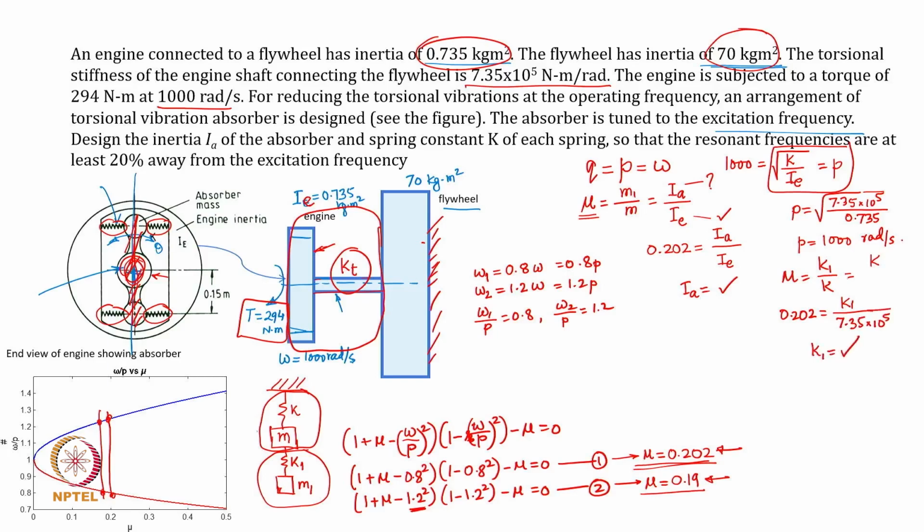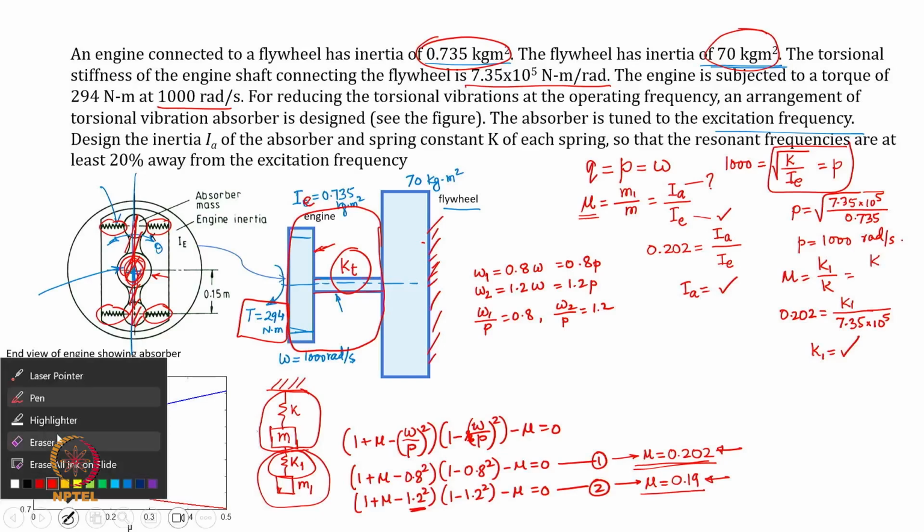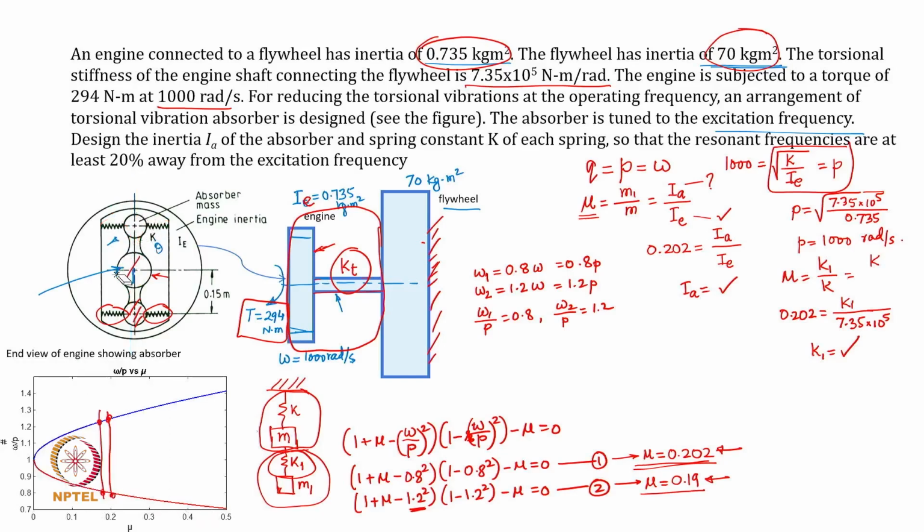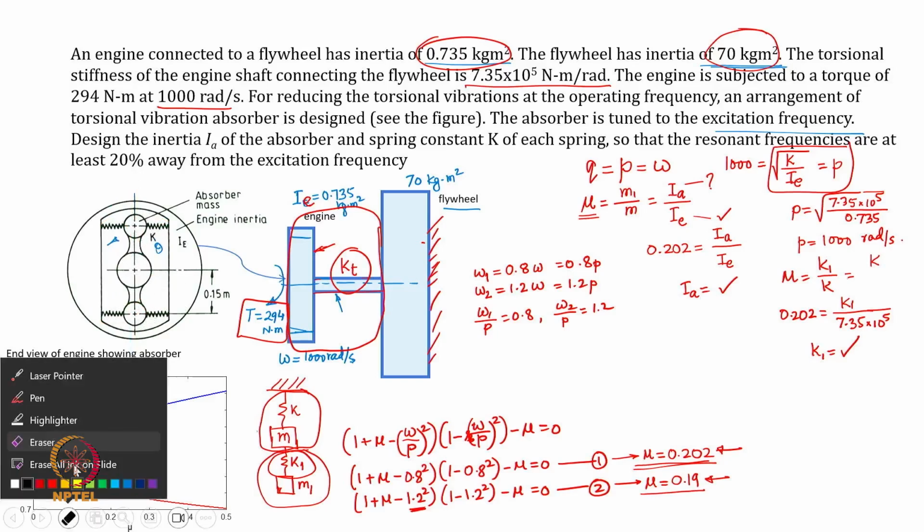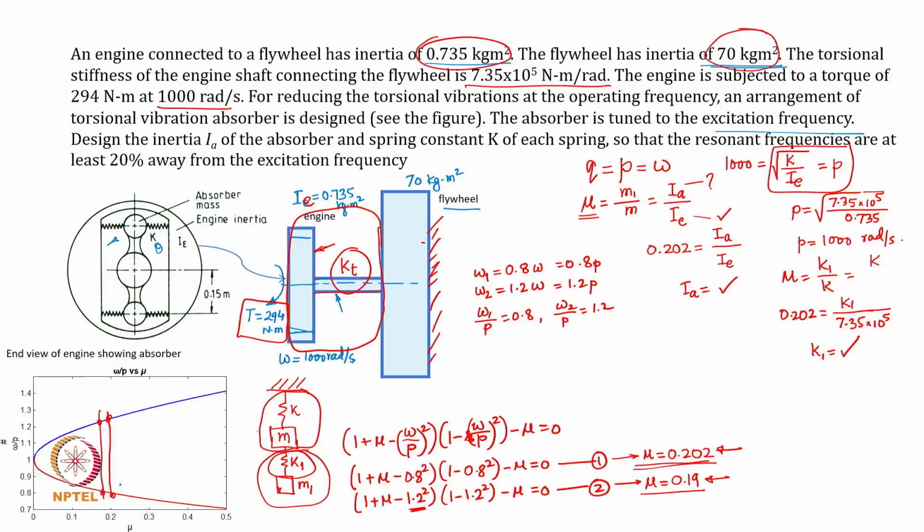The only problem is this stiffness is representing the total stiffness, but the physical construction of the absorber is a bit complex that way, comprising this particular link which is restrained at the top and here by the springs.